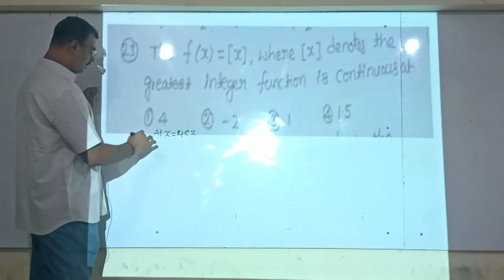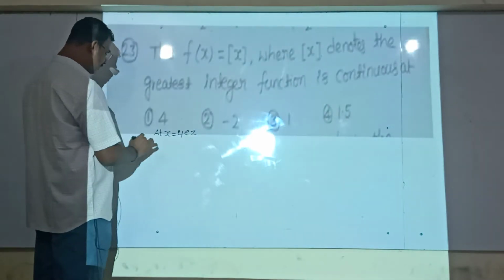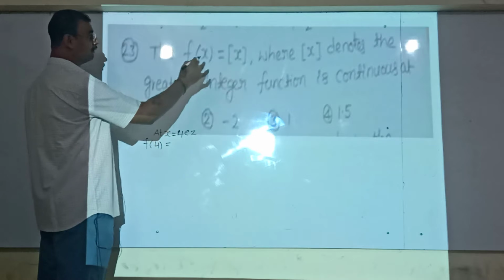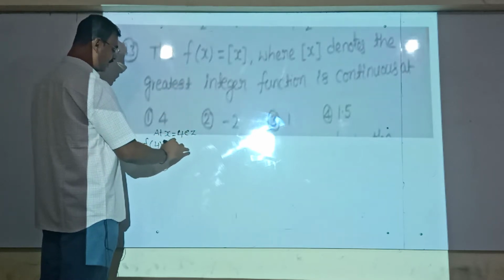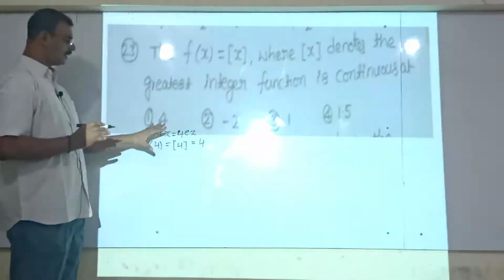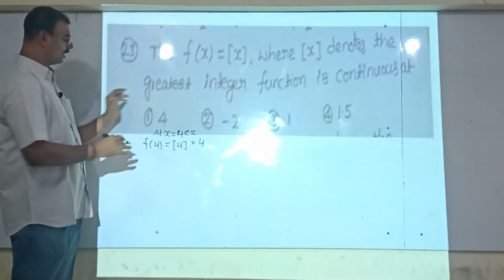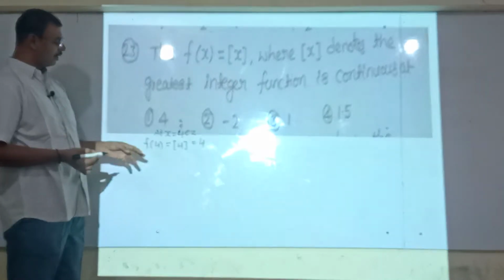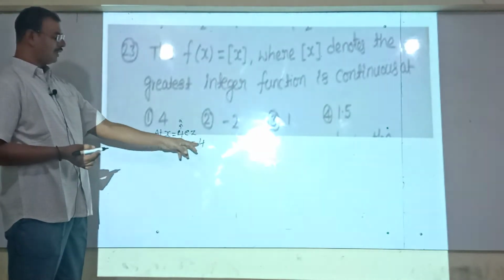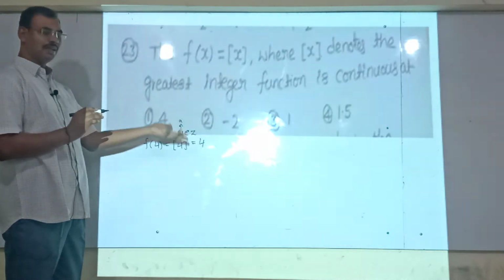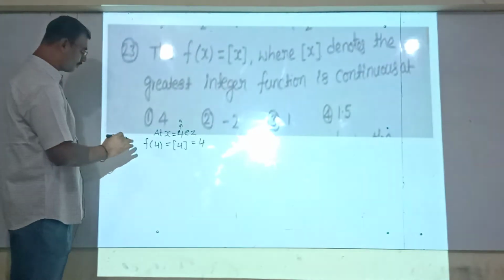At x equal to 4, I am taking the f of 4 value. f of 4 is equal to the greatest integer of 4, which is equal to 4. For the sake of understanding only I am taking 4; it is actually any number a. The greatest integer of a is also a. So you should imagine any real number, any integer here.